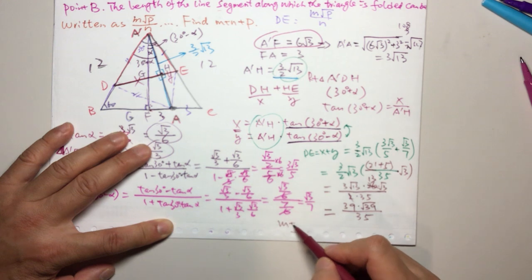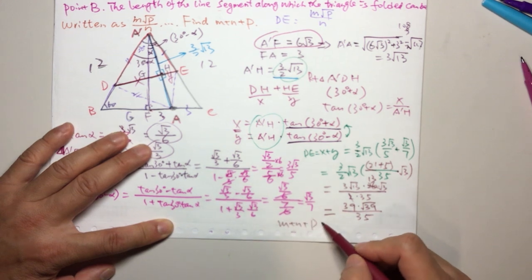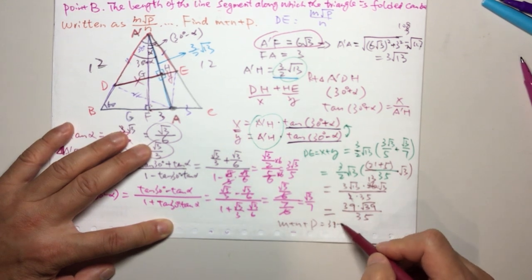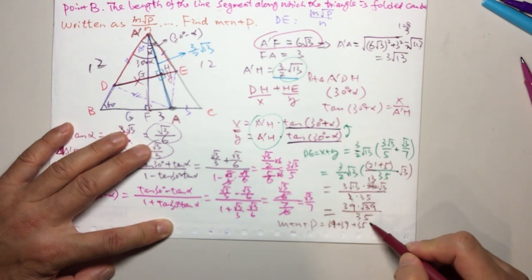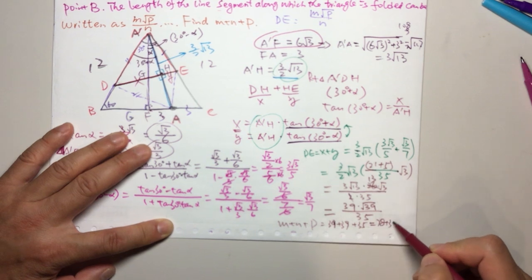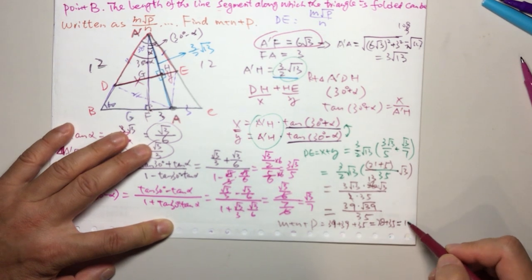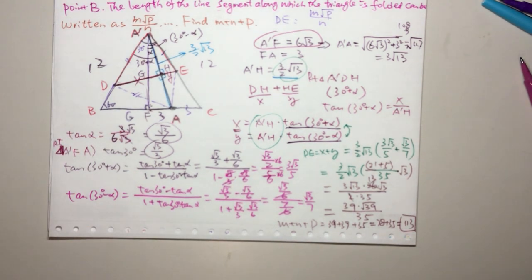So m plus p equals 39 plus 39 plus 35, so equals 78 plus 35. So 113, done.